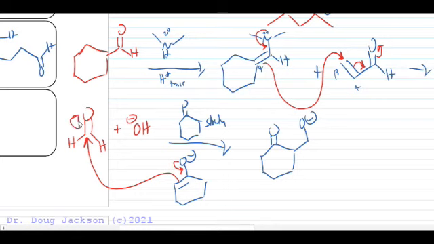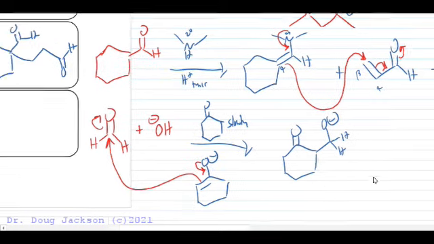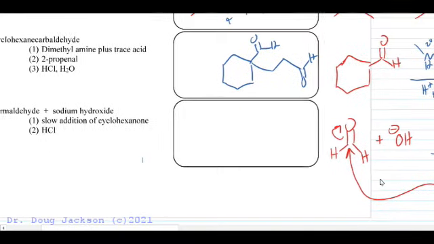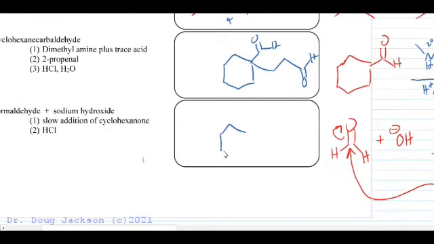We've kicked up to an O- here, and we are free to acidify with HCl, completing what is an aldol reaction, a crossed aldol reaction, where the alpha carbon of the cyclohexanone has added to the carbonyl of formaldehyde. So beta hydroxy ketone for our crossed aldol reaction product.